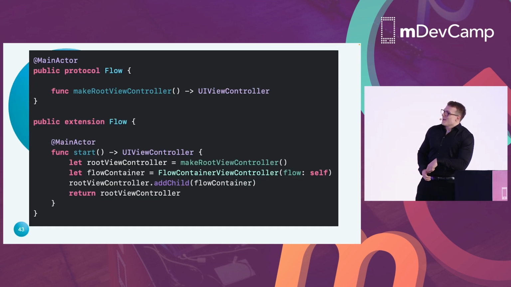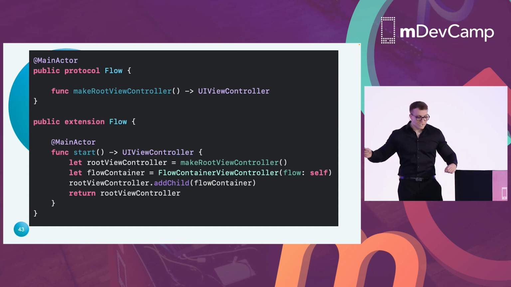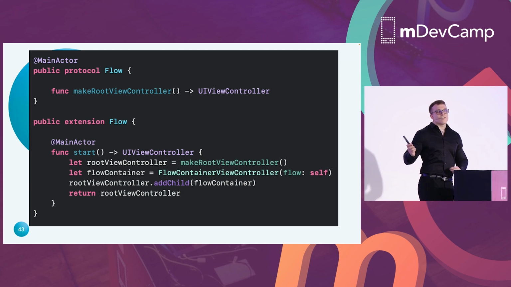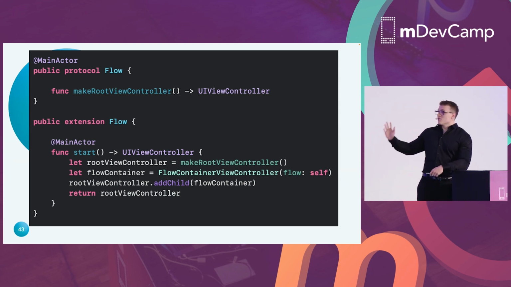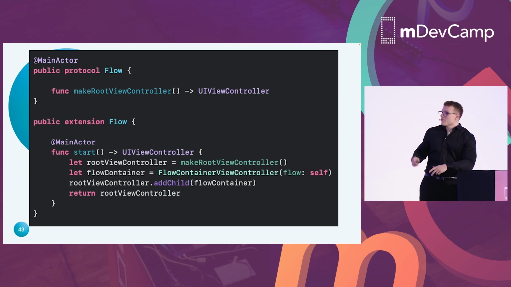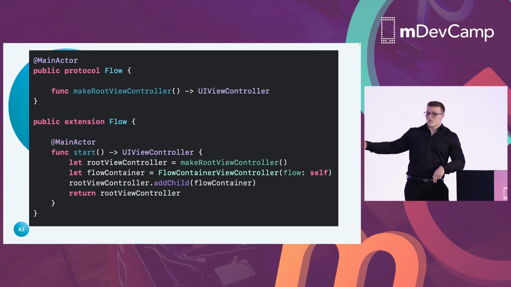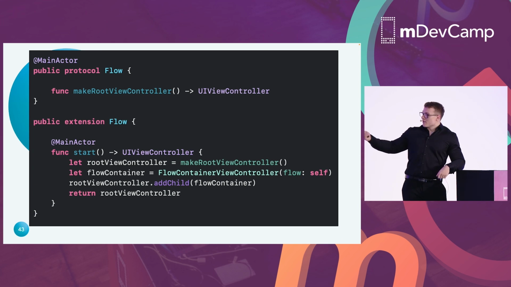So every flow has a start method with a default implementation, and that fixed our issue with manually handling the on-finish closure. Now you don't have to do on-finish, remove flow, and so on. It is maintained by the UIKit lifecycle by the flow container, because when the view dismisses, it is automatically released from memory, and so is the flow.